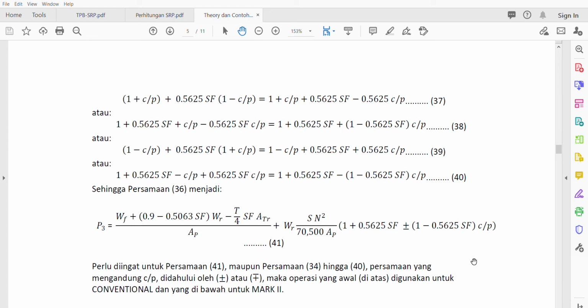So see the plus and minus, or minus and plus. The first one, if you have only plus, has to be for conventional. The second one for Mark II, and this one minus for conventional, plus for Mark II. So the first one is the conventional. Okay, if you say this one plus minus, conventional is plus, and then Mark II is negative.